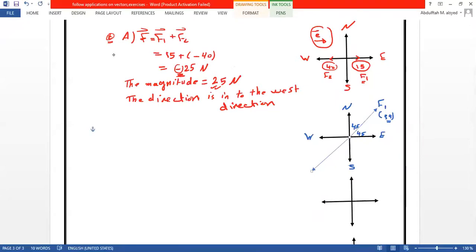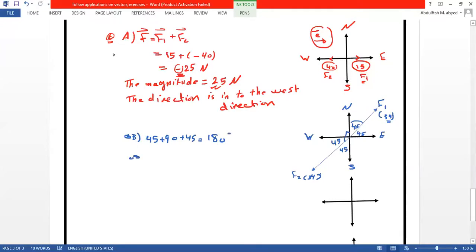So the angle between them is 45, and also here is 45. As you see, this is F2 and it equals 34 gram weight. Now this angle is 45, this angle is 90, this angle is 45. If you add 45 plus 90 plus 45 it equals 180 degrees.